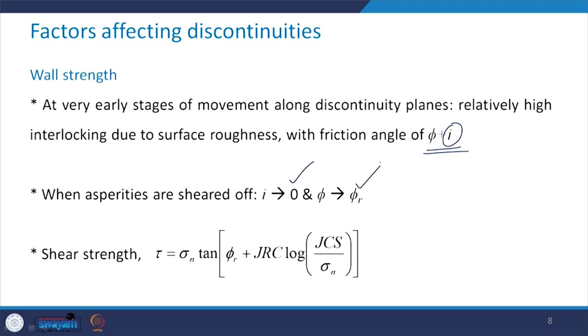And in that case, your shear strength can be given by this expression: sigma n tan of phi r plus this expression JRC log of JCS upon sigma n. When the asperities are sheared off, i will become equal to 0 and phi will tend to phi r. Therefore, this term will become equal to 0.